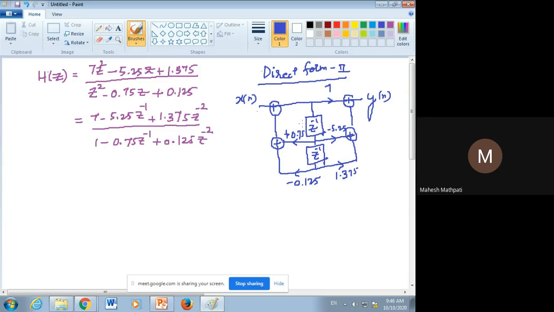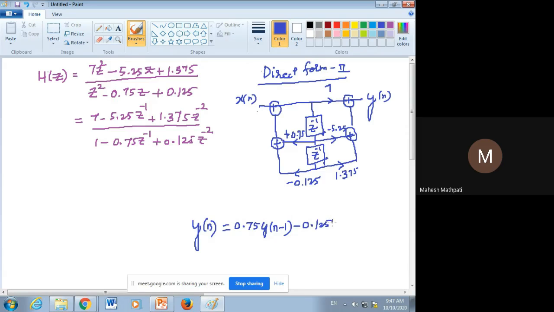So here first I will write y of n is equal to, first term 0.75 multiplied with, if I pass this y of n through this delay element, what will I get? 0.75 into y of n minus 1, because the output is passing through the first delay element, right? Then minus, what will I get?